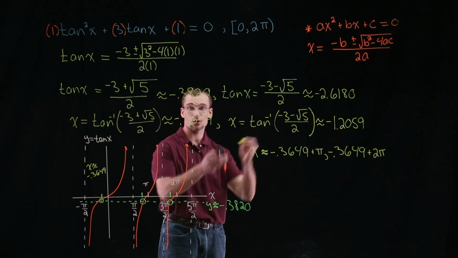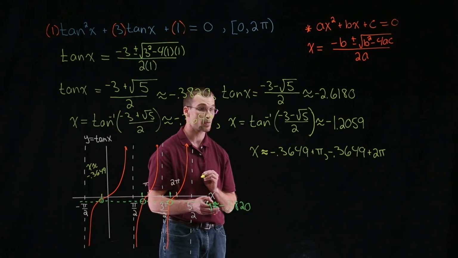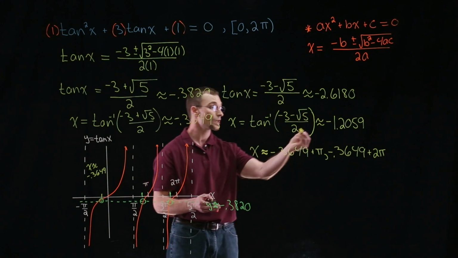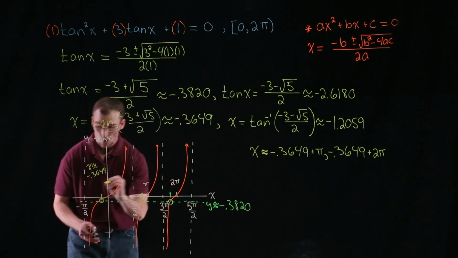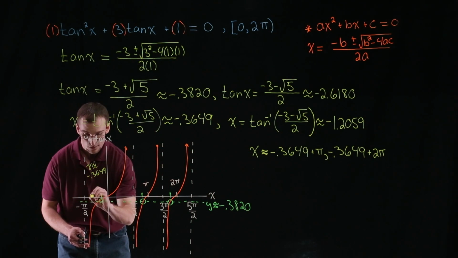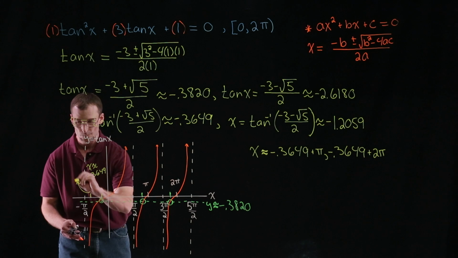Now let's take a look at the other solution we had. We're pretty much going to do the same thing, taking the value x approximately equal to negative 1.2059, which is going to be a little bit closer to negative pi over 2.